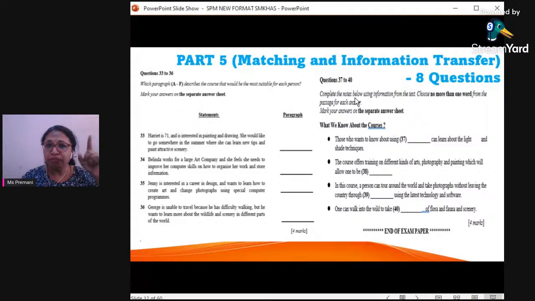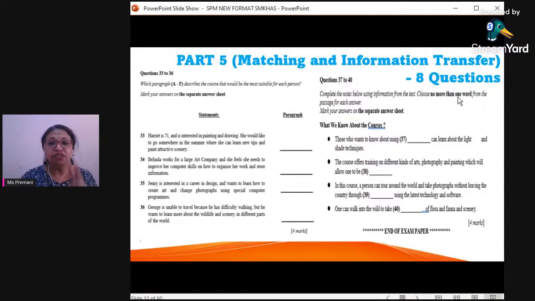Okay, and then here, complete by filling in the blanks. Choose no more than one word. There is something very important here. What students will do is write two words. With the two words, it doesn't go wrong, you know, and when you read the whole sentence, it sounds perfect.